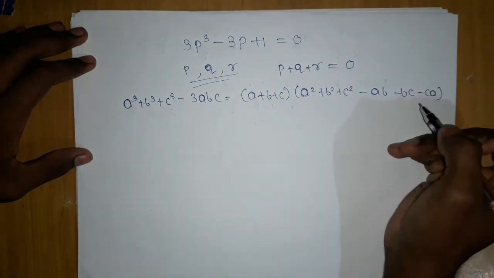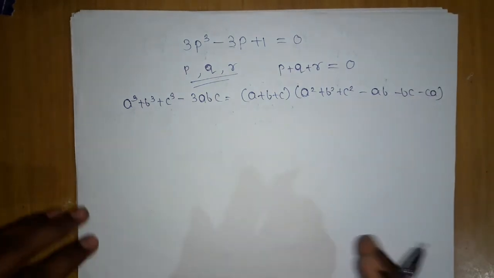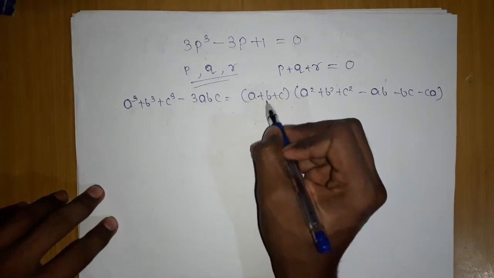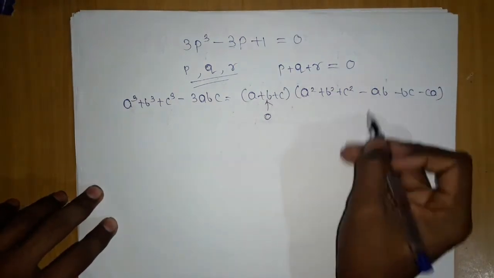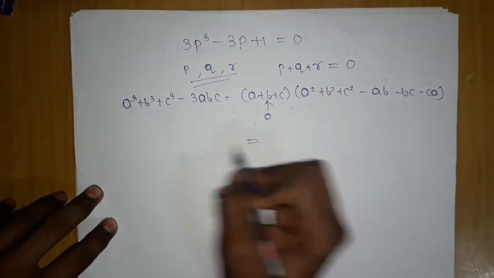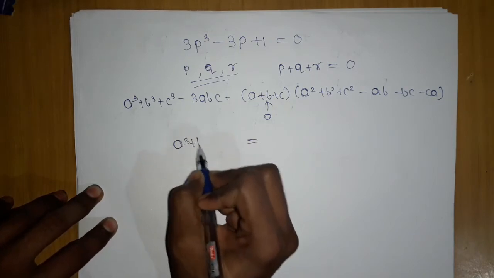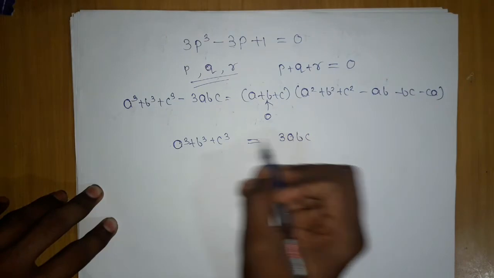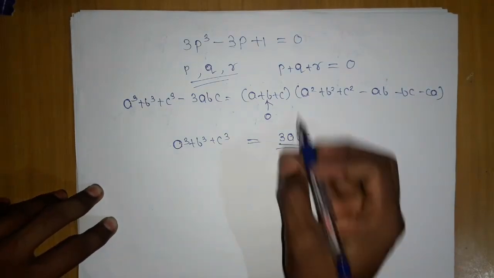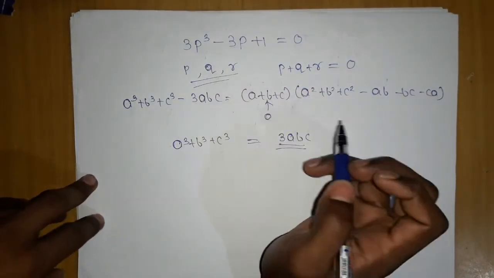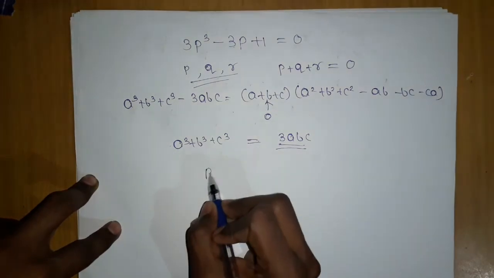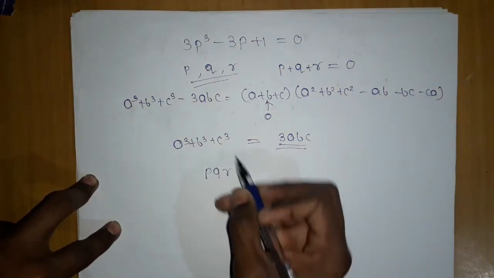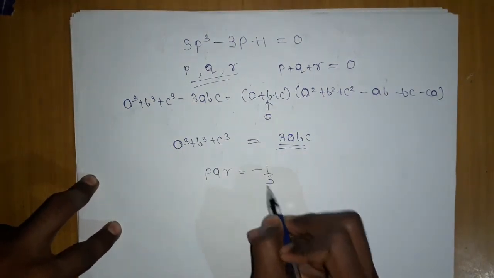This is the formula we have used continuously in algebra. Now a plus b plus c is 0, so this whole thing is zero. So we get a cube plus b cube plus c cube is equal to 3abc. Now if we get the product of p, q, r, our job is done. So pqr is minus 1 by 3.